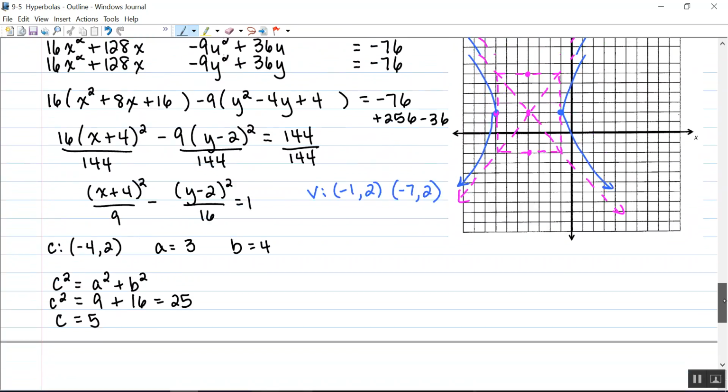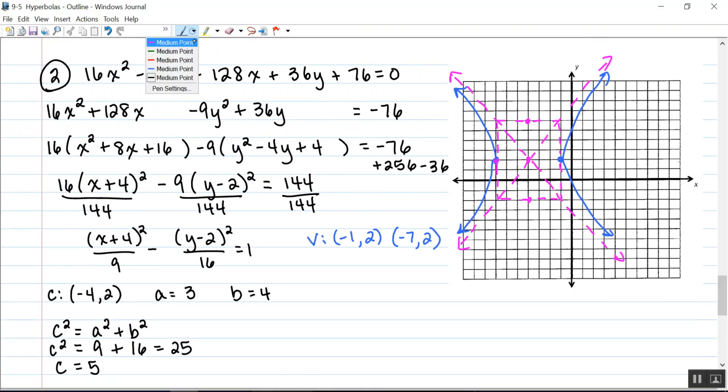Remember, that's the distance from the center to each focus. So from the center, go 5 units out, and I end up with a nice point here. So my foci are at the points (1, 2) and (-9, 2).